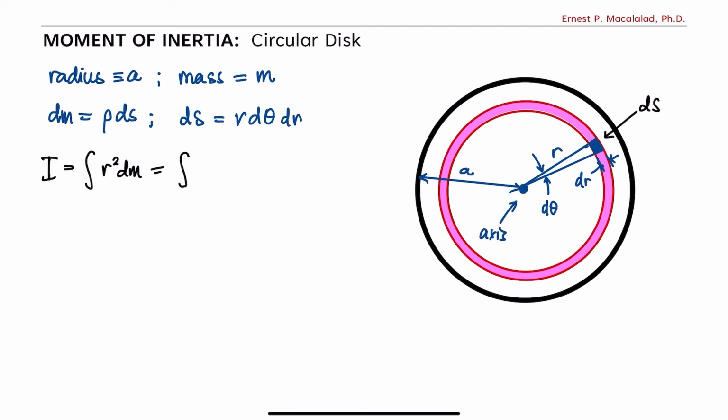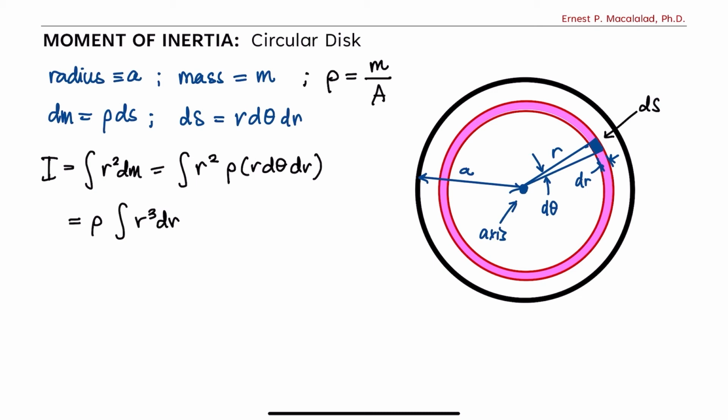So this is the integral of r squared, and then dm will be rho ds, where ds will be r d theta dr. So here, if we assume that rho is uniform and equal to mass over area, because this is a surface element, therefore this will be equal to rho times the integral of r cubed dr times the integral of d theta. So this is now a double integral whose limits of integration are as follows.